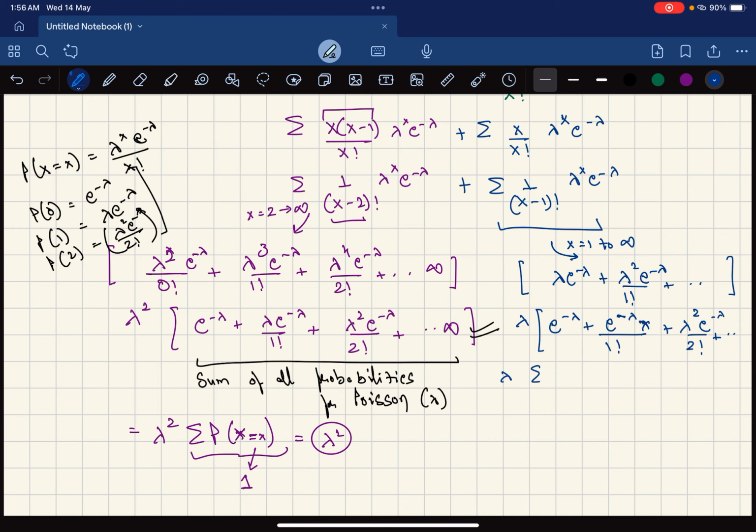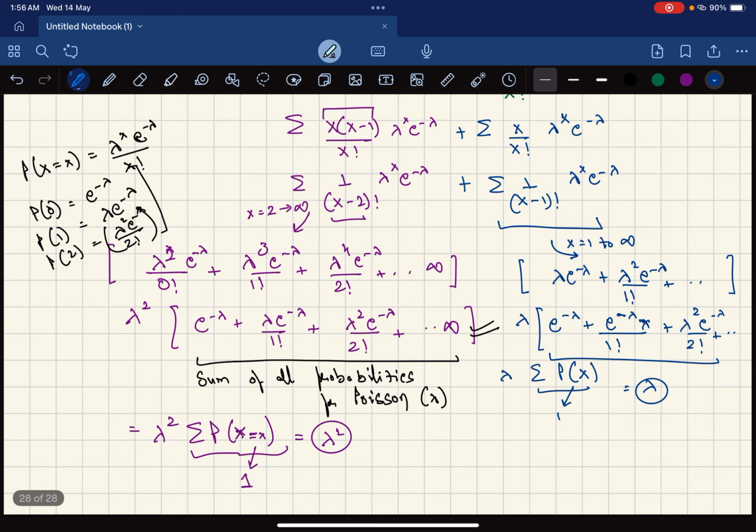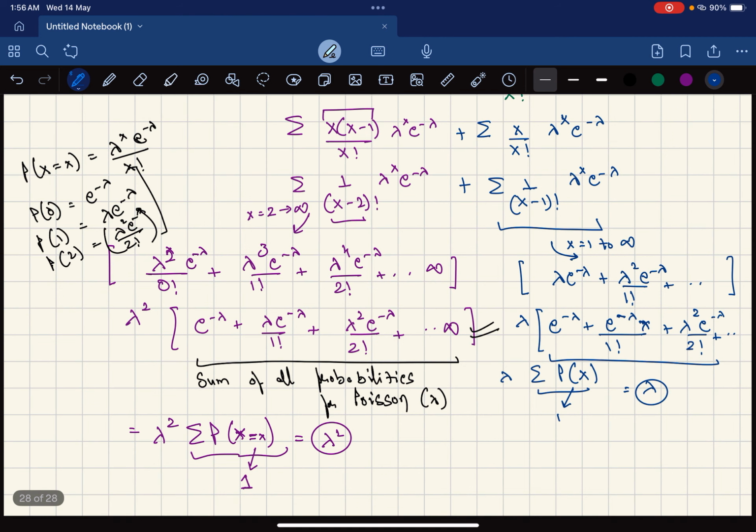Now this is again the summation of P(X = x), which means the bracket contains the sum of all the probabilities for the Poisson distribution with parameter lambda, and this has to be 1, and therefore we are left with just lambda here.